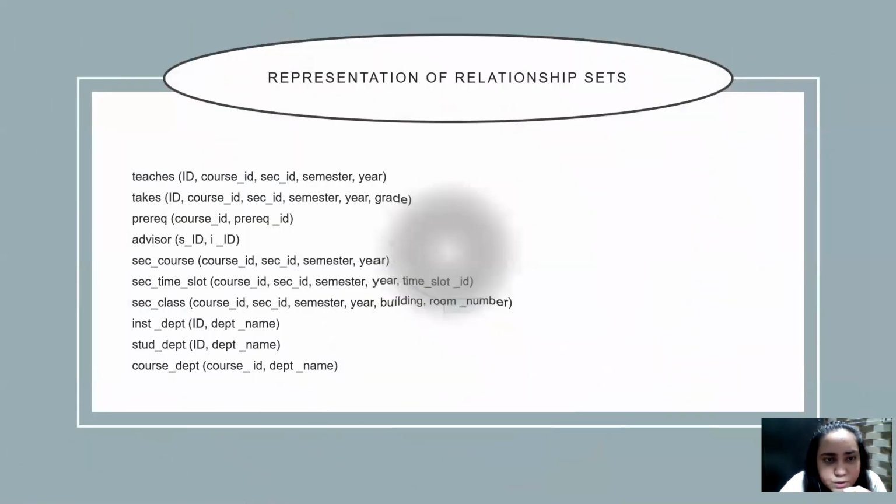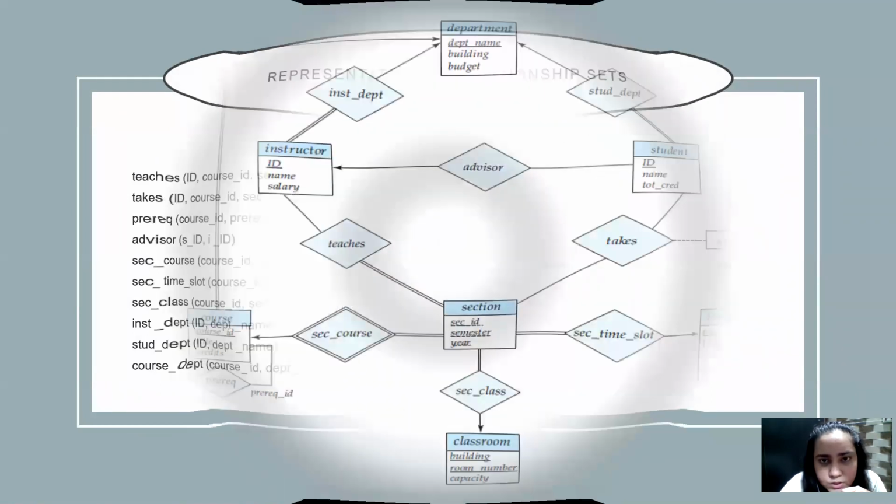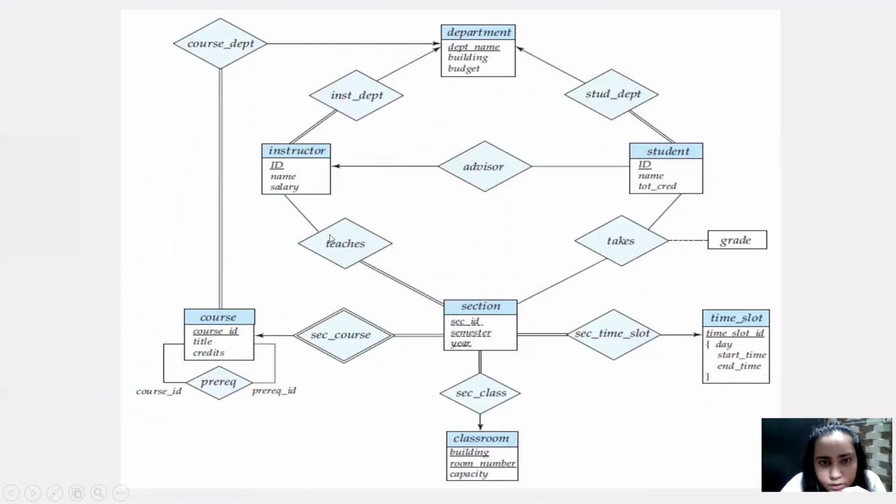The first relationship is teachers. So how did we create teachers? Teachers is right here. Now it's a relation between instructor and section. So what we will do is whatever is underlined in section, that is section ID, semester, and year, will go to teachers, because section is a weak entity set and does not have a primary key.